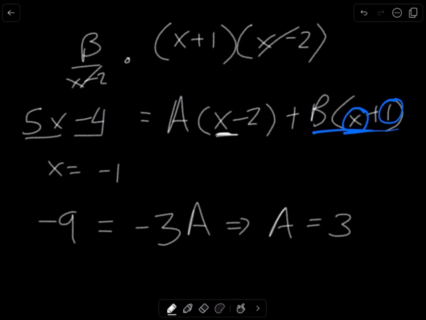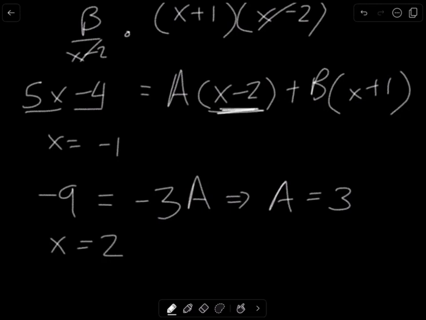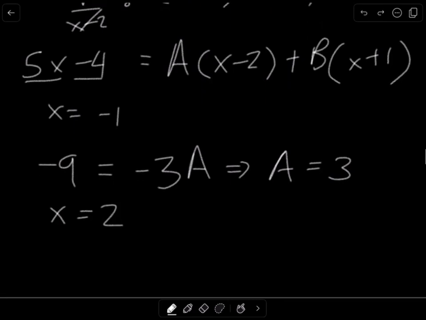Then what do you think I should do to solve for b? So think about it. What should I let x equal to solve for b? I'm going to let x equal +2 because that will make that term 0. So if x is equal to +2, it will be 5 times 2, 10, minus 4, that's 6, is equal to 2 minus 2 is 0. 0 times a is 0.